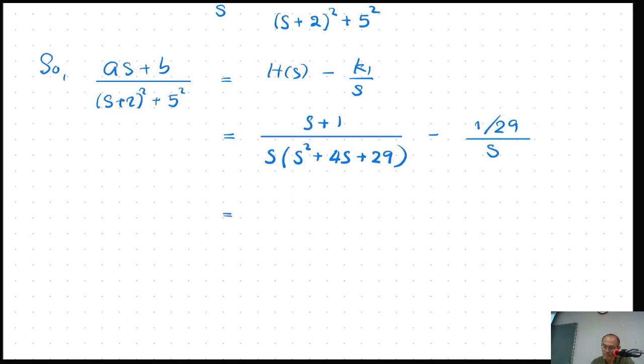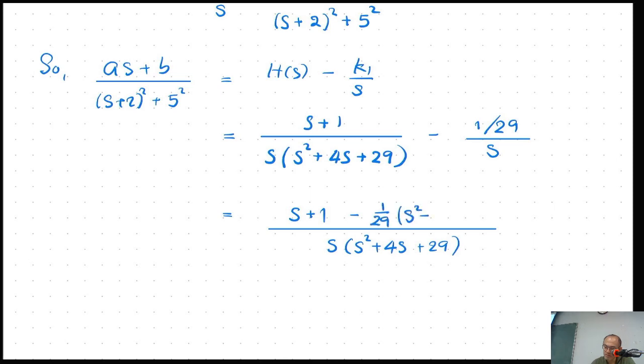So when I add them, I'll have s times s plus 4s plus 29. Okay, and this will be s plus 1 and minus 1 over 29 times s squared plus 4s plus 29. Now you see where I'm going, right?